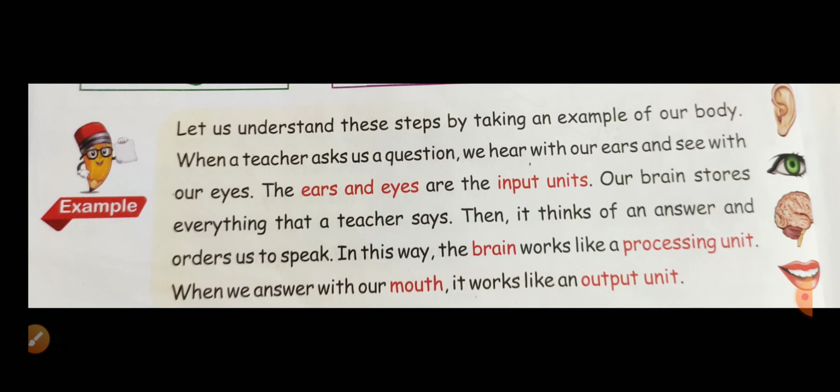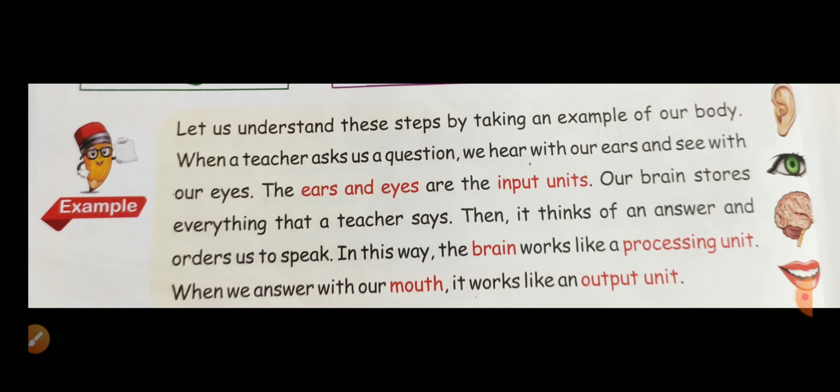Our brain stores everything that a teacher says. Then it thinks of an answer and orders us to speak. In this way, the brain works like a processing unit. When we answer with our mouth, it works like an output unit.